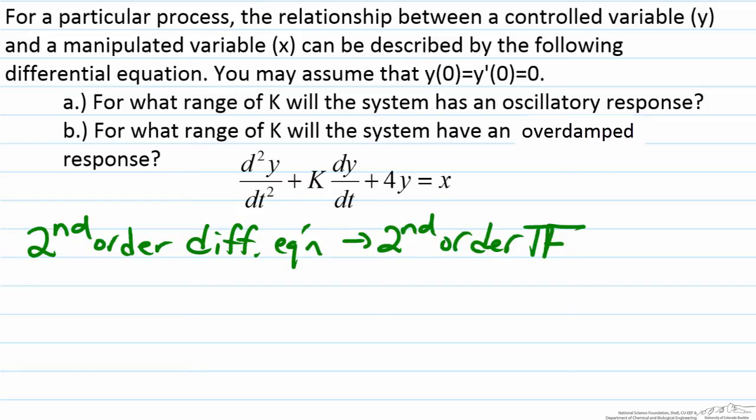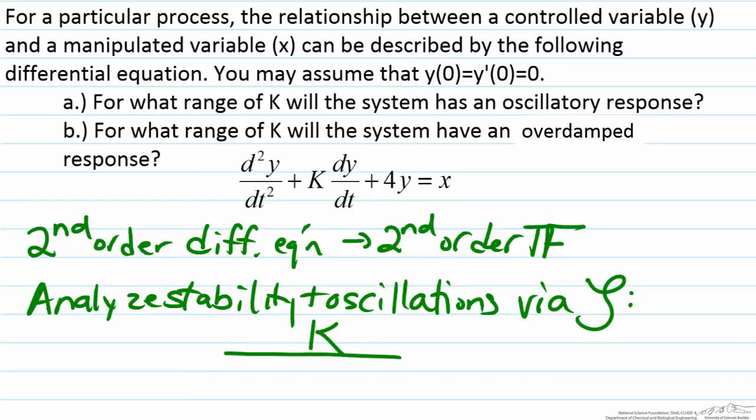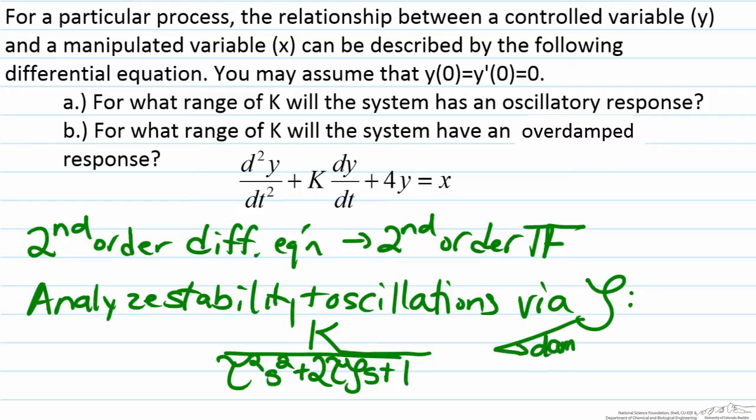With second-order transfer functions, we can analyze stability and oscillations via zeta, where zeta comes from the standard form of a second-order transfer function, which is k over tau squared s squared plus 2 tau zeta s plus 1, where zeta represents the damping coefficient. And the damping coefficient provides some insight into, if a process does oscillate, how quickly the oscillations will subside.